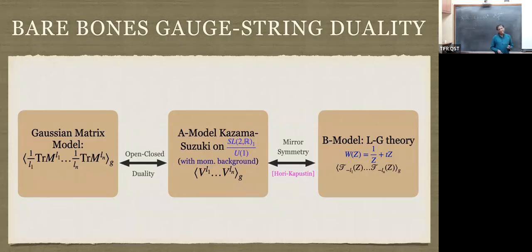And on the B-model side, is there a simple way to see the SL2R response? It's a good question. It's not SL2R. I mean, it's an SL2R mod U1, so it has this cigar-like thing, but as global symmetry, there's an overall global symmetry.